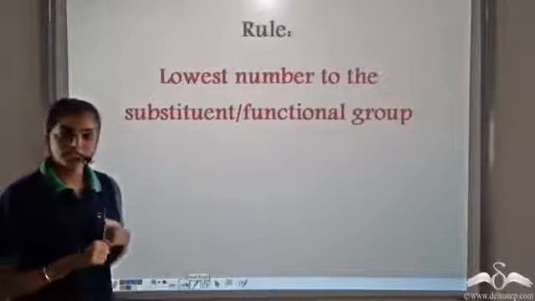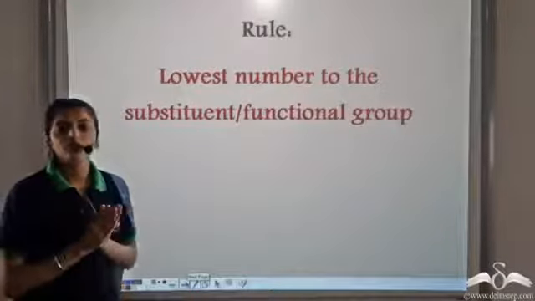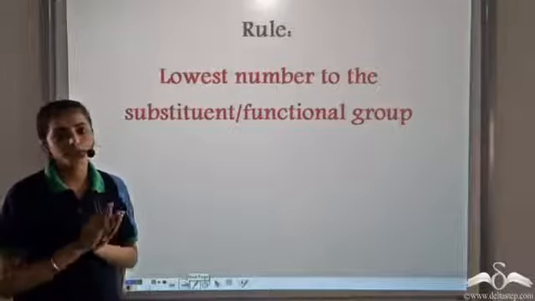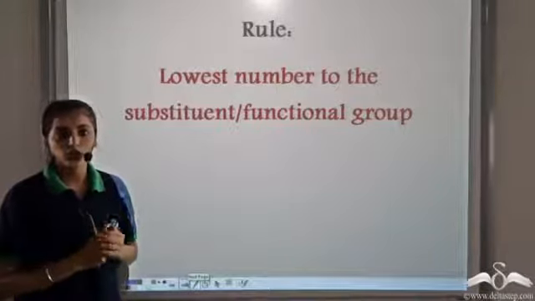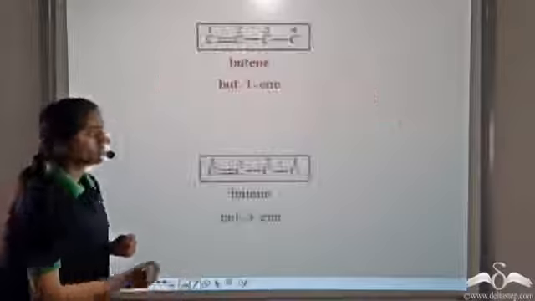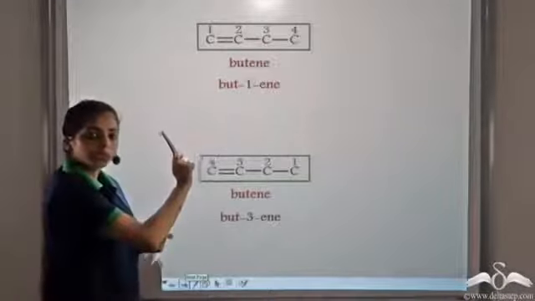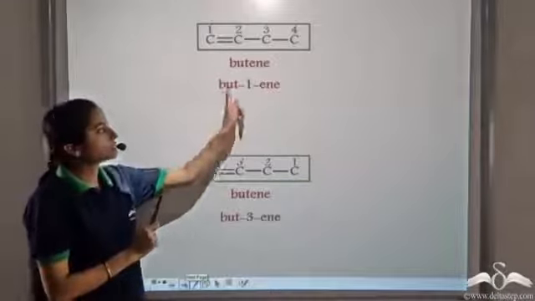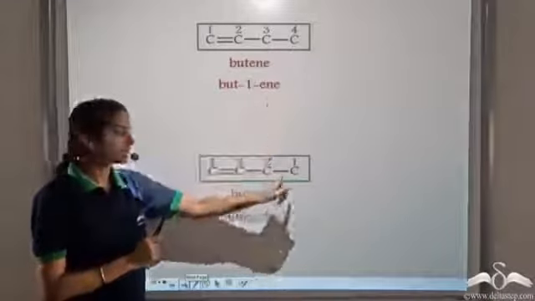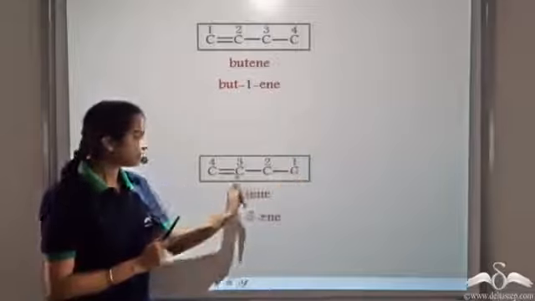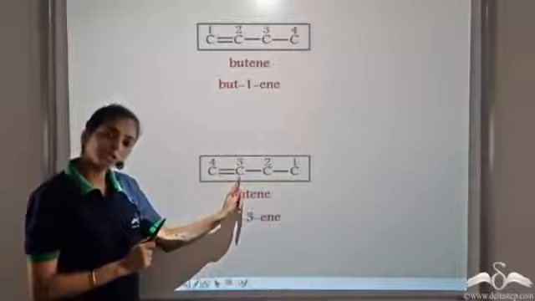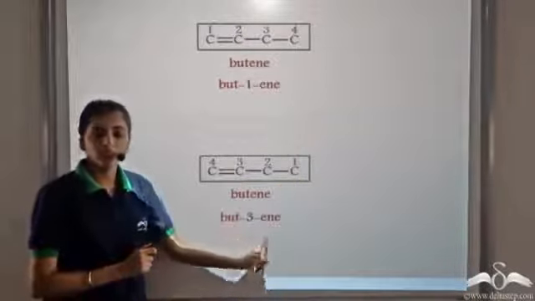The rule remains the same in this case, that is, we have to give the lowest number to the substituent or the functional group. So in case of butene, we can number it in 2 ways. We can start the numbering from the left. In that case, it becomes but-1-ene. If we start the numbering from right, the double bond is starting from position 3. So it becomes but-3-ene.